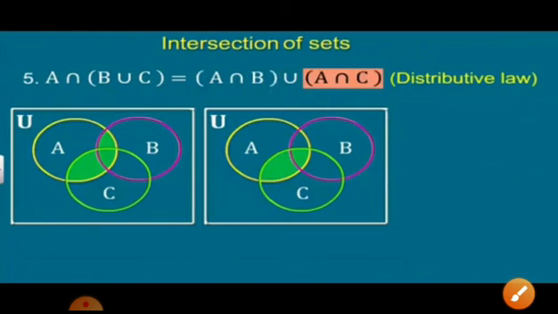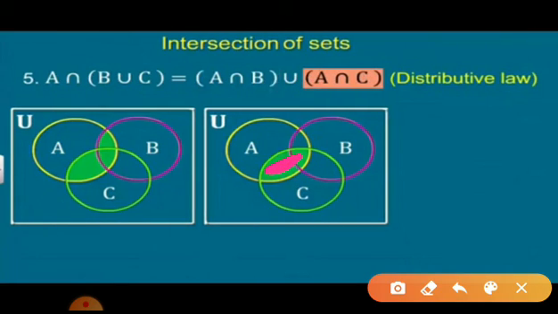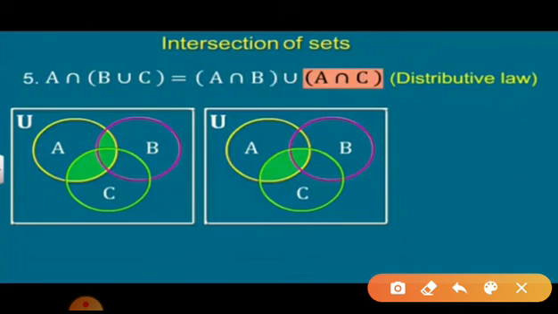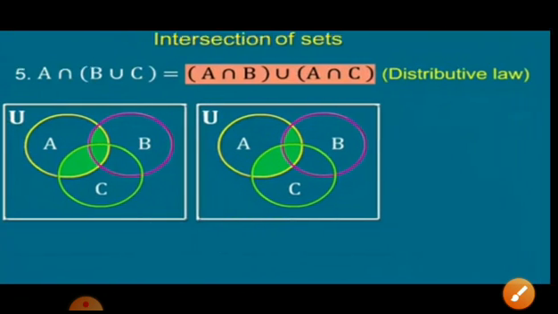If I take the union of A intersection B and A intersection C, will I get the same part itself?